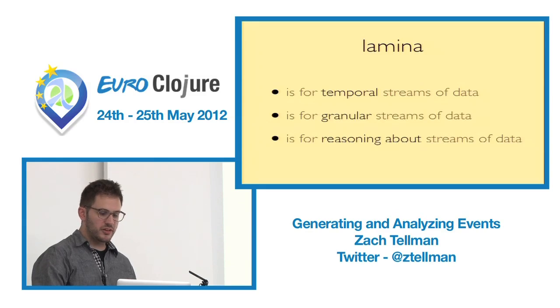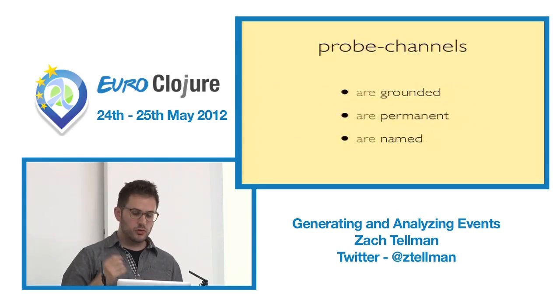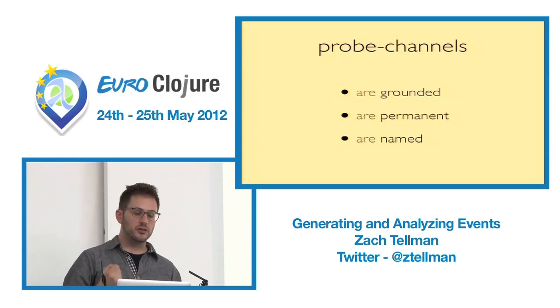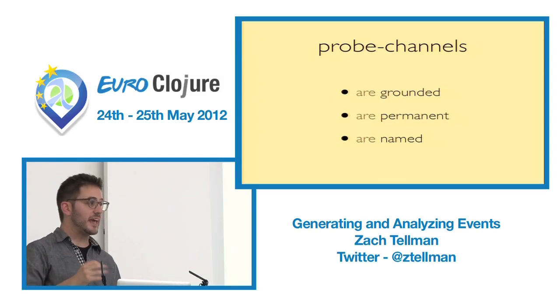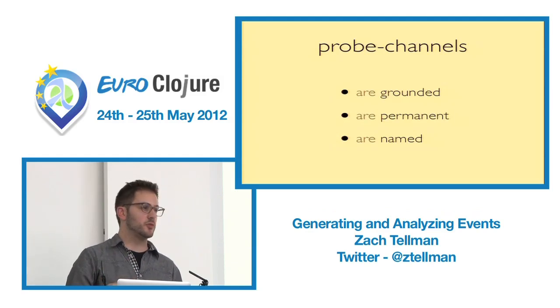So the question is, how do we apply this to logging? And so there's a special construct in Lamina called a probe channel. And a probe channel is grounded, which means that messages will not accumulate in this queue. They are permanent, which means that they cannot be closed. And they are named, which is to say that there is a namespace for these. If we talk about probe channel ABC, that is the same thing wherever we go.